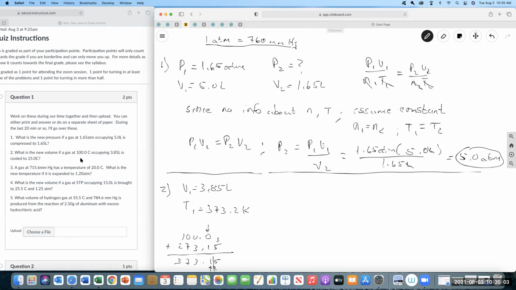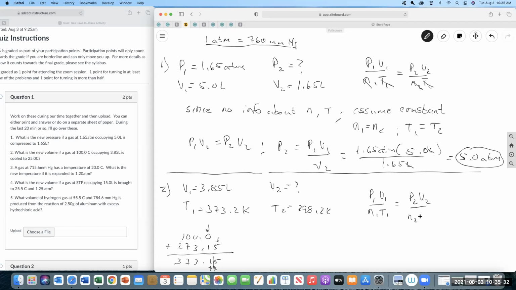All right. It says, what is the new volume? So V2 is my question mark. And T2 is 25, which is 298.2 K. So similar approach, we have 2 sets of conditions, P1 V1 over N1 T1. If you just realize, oh, of course, this is Charles' law, you can go right to it.